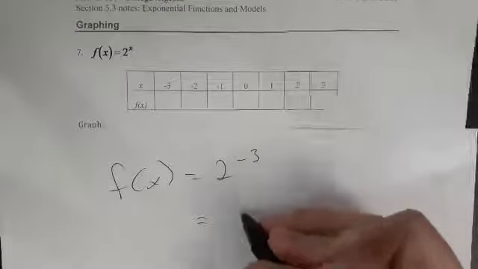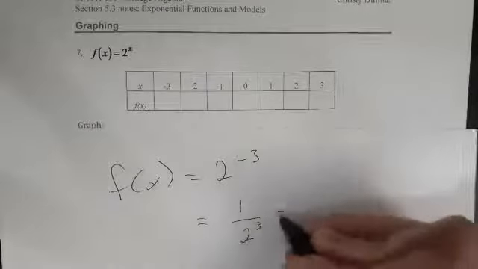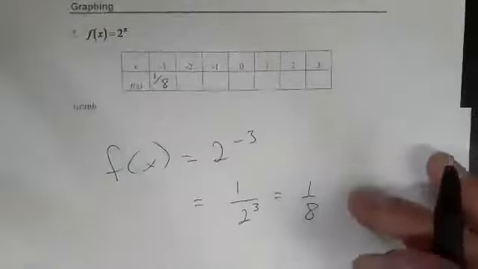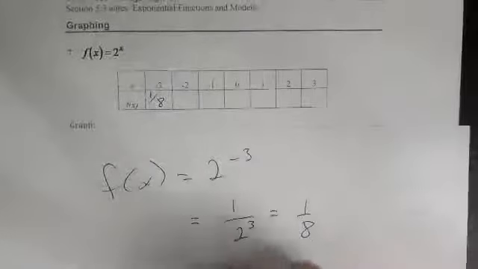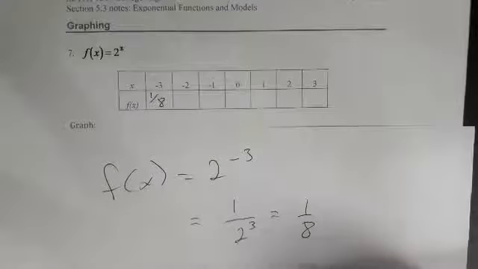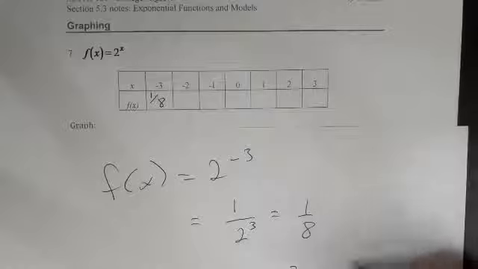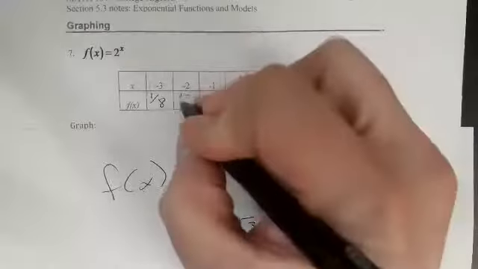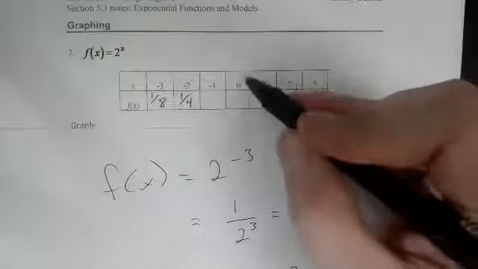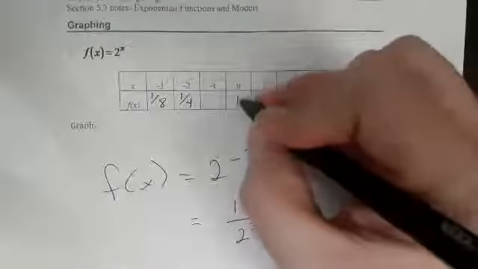This looks like 1 over 2 to the third, or 1/8. I can fill this in for each number. f of x equals 2 to the minus 2 is 1 over 4. I plug in 0, 2 to the 0 is going to give me 1.